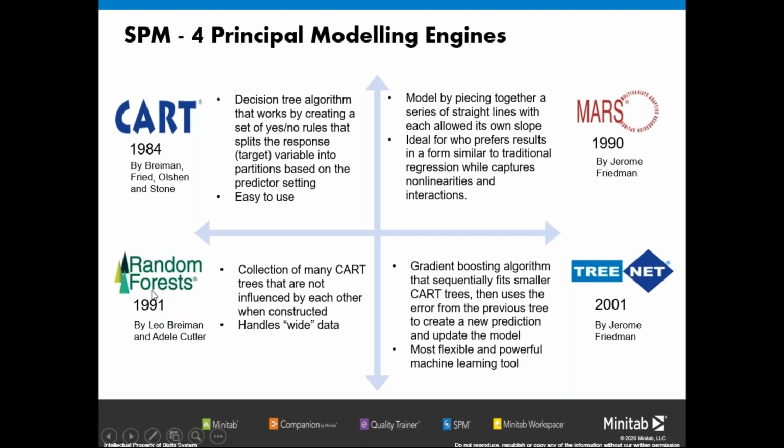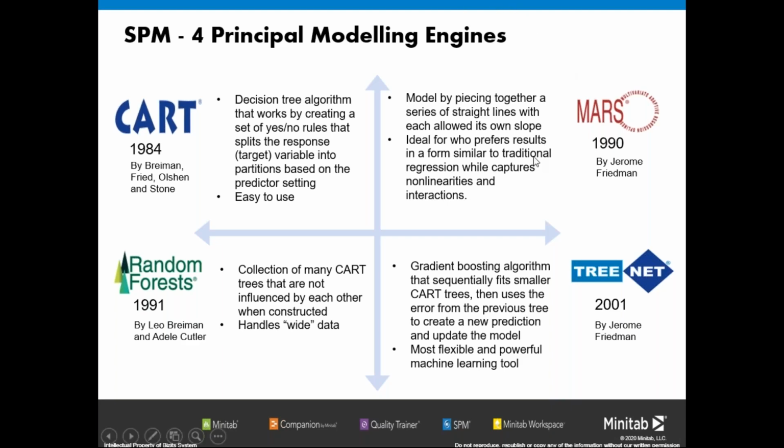Random forest is by Leo Breiman and others. This is a collection of many CARTs that are not influenced by each other when constructed. Normally random forest is suitable for handling wide datasets, meaning you have a lot of variables relative to the number of data rows. That is just one suggestion.